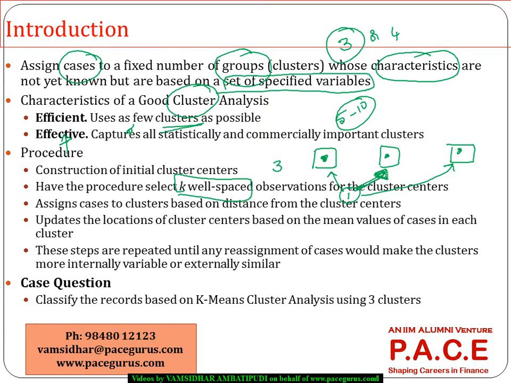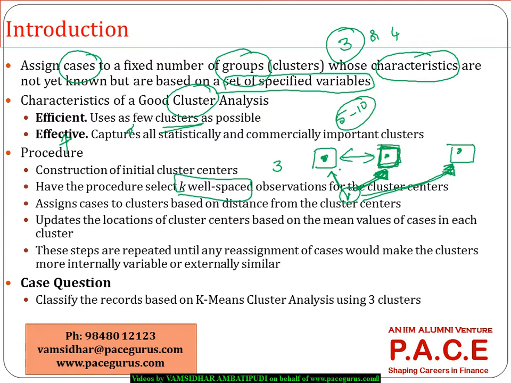Once this record is assigned to this cluster, again the cluster center is recalculated. The cluster center is recalculated, and the same way the procedure iterates until all the elements are identified and associated to each of the clusters. And in some cases, once the cluster mean is updated, it may so happen that there is not too much of a difference between these two clusters.